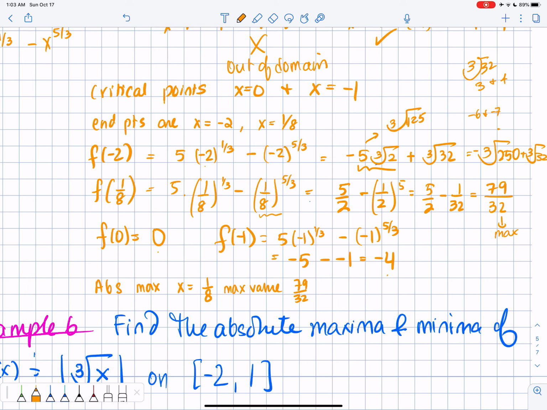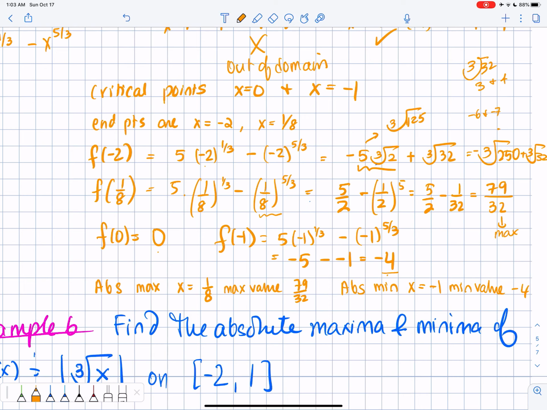That's between 3 and 4. So this negative 1 will be the absolute min. Okay, min value is negative 4.